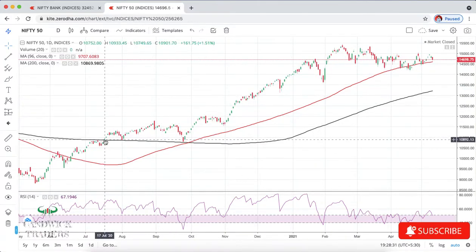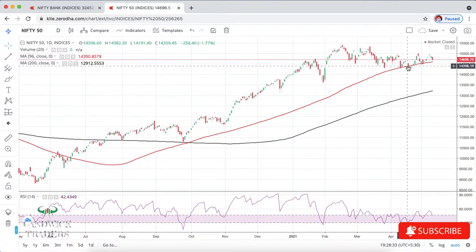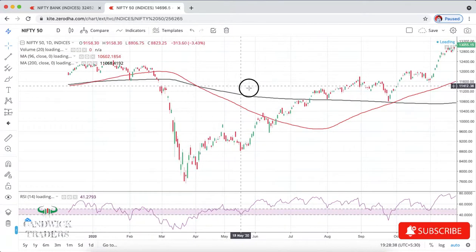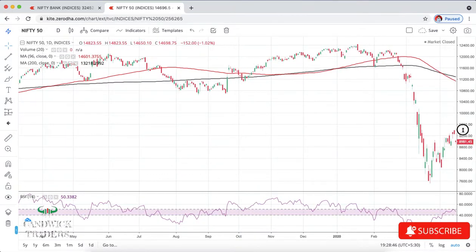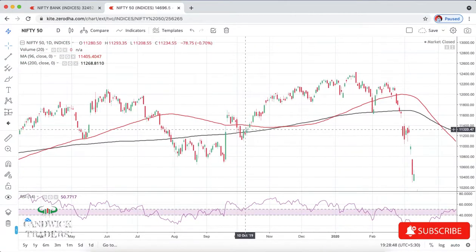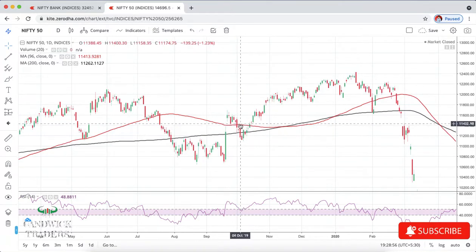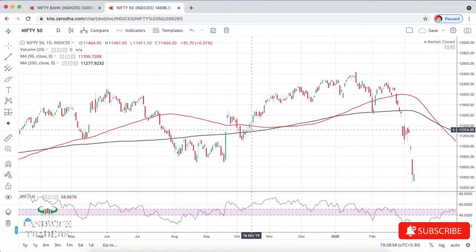From here, 10,000 to 14,000 we can carry forward. There is no issue. So we are considering this as an entry. I'll zoom it for you guys. This is my entry because the price has closed above the 200 average, so I don't care about the 96 while entering.